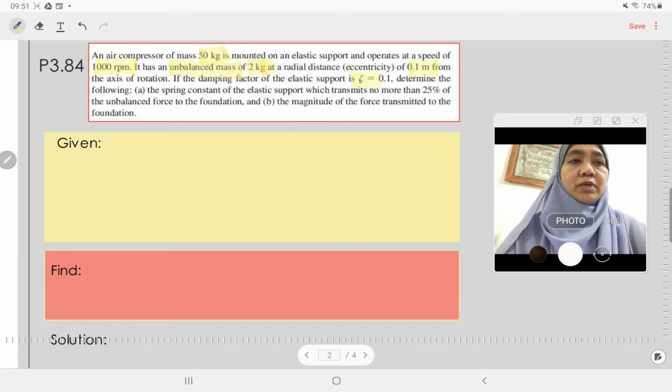Okay, so maybe I just highlight some of the important parameters here, and you want to find the following. A is the spring constant of the elastic support that transmits no more than 25% of the unbalanced force to the foundation, and the magnitude of the force transmitted to the foundation.